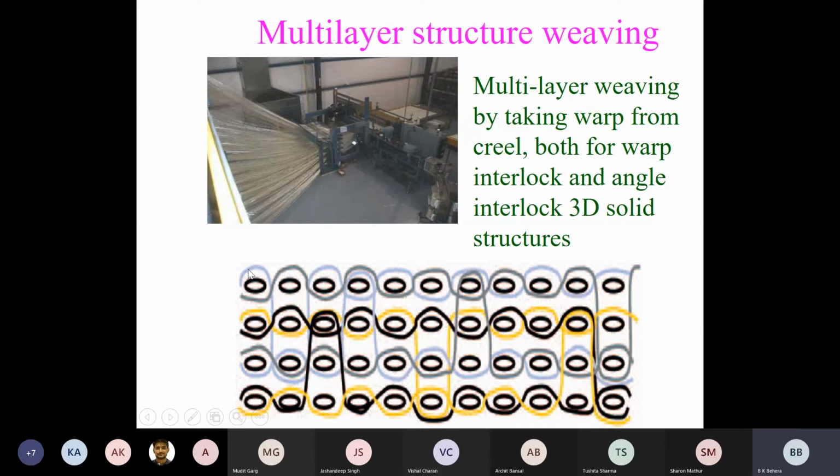There are some warp yarns passing through a complex path with a longer path. There are certain yarns which are passing a shorter path. So if the passage of each warp yarn is different, the length of yarn consumed for each warp is different, and if the consumption of each warp yarn is different, obviously we cannot take the yarn from a beam.